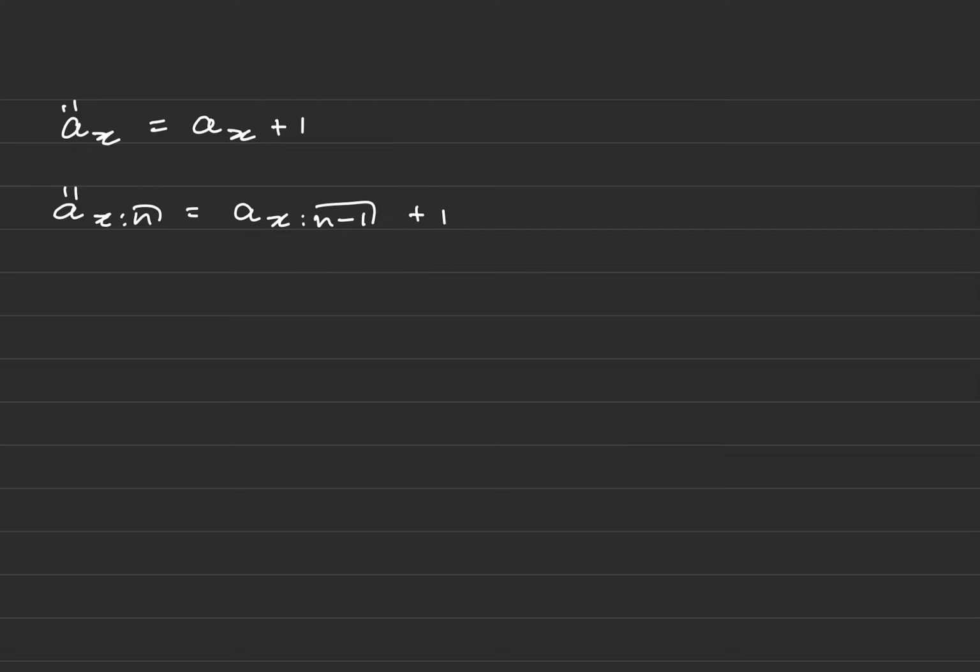But the difference is now that this one has a decreased term of n minus 1. It means I'm knocking off that last year where this would normally be paying at the end of the year. In the last year of this annuity, it's paid at the start of the year, which would be the second to last payment of a_x:n.